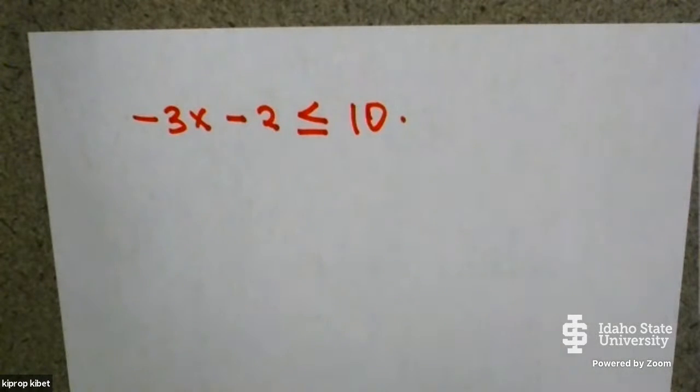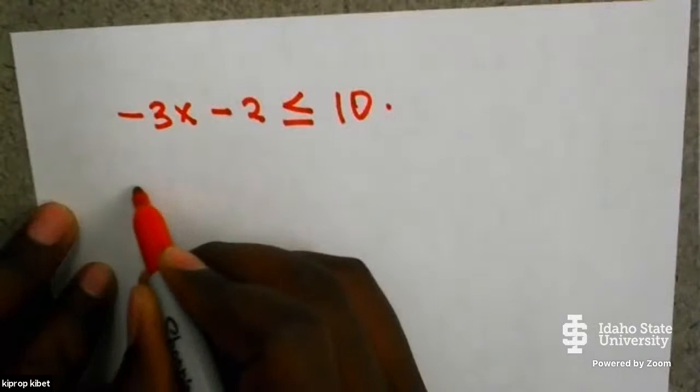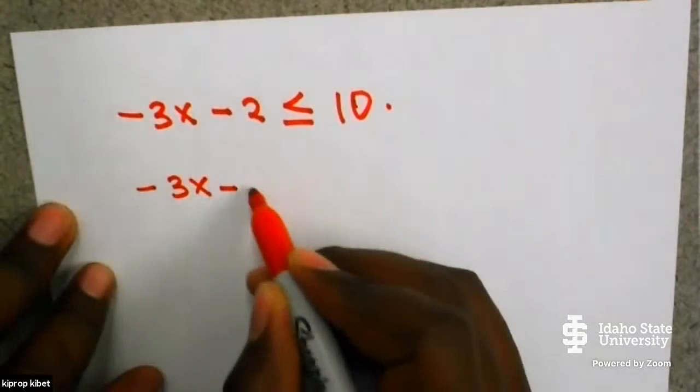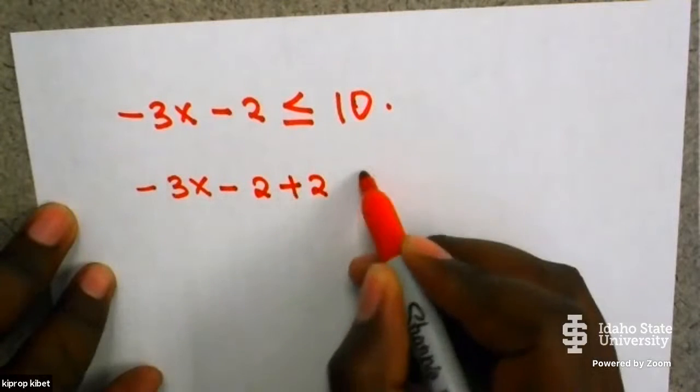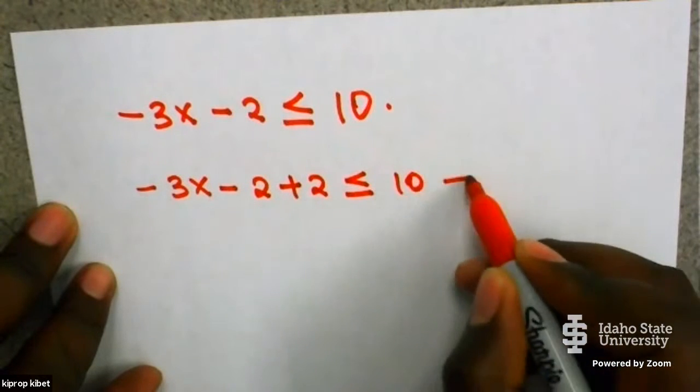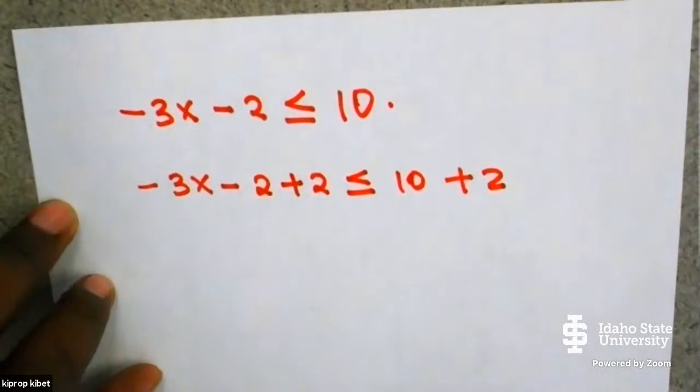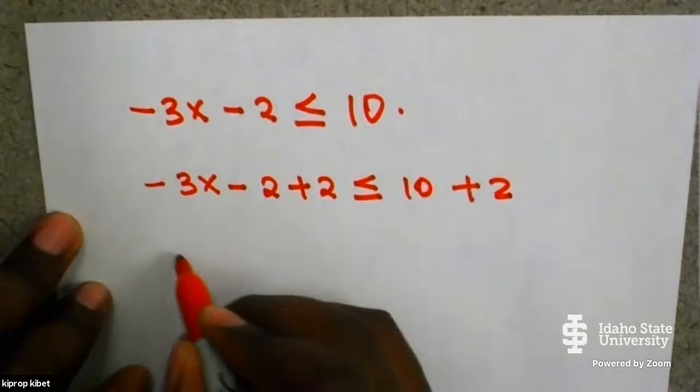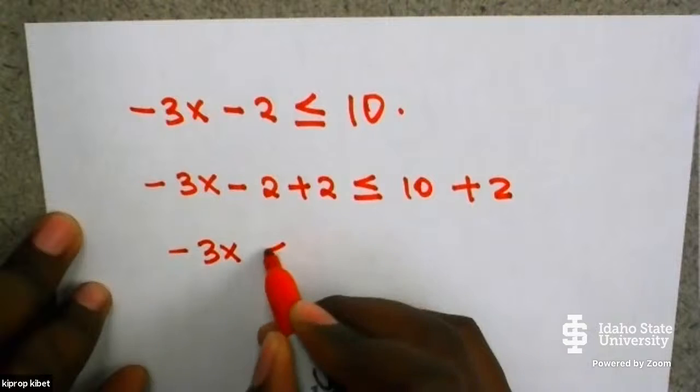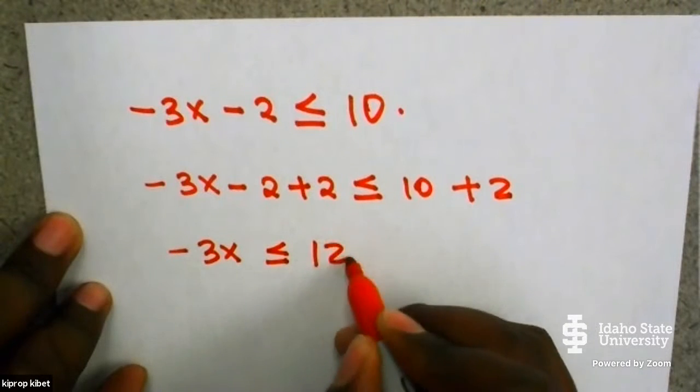So first of all, you do what? You add 2 to them, right? So minus 3x minus 2 plus 2 is less than or equal to 10 plus 2. So minus 3x less or equals to 2.